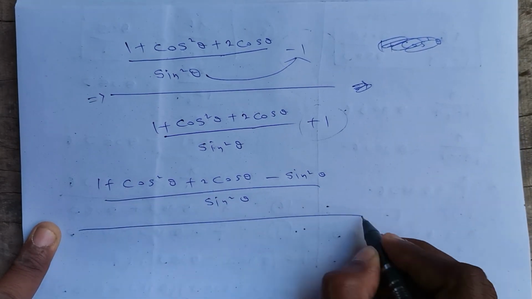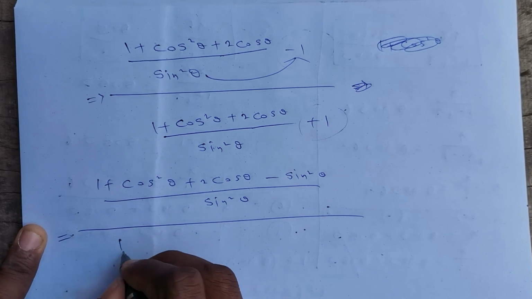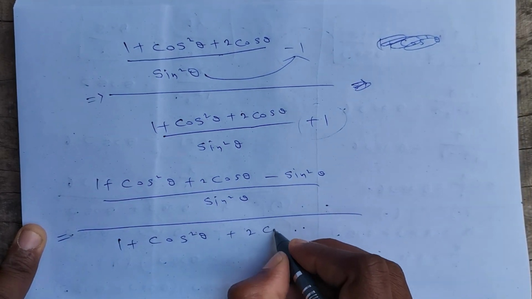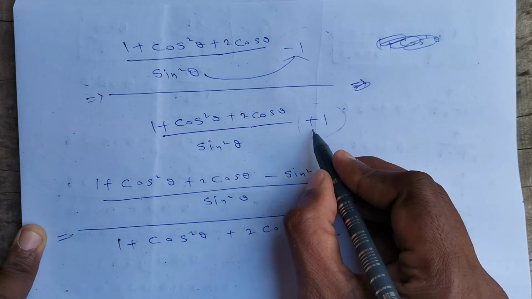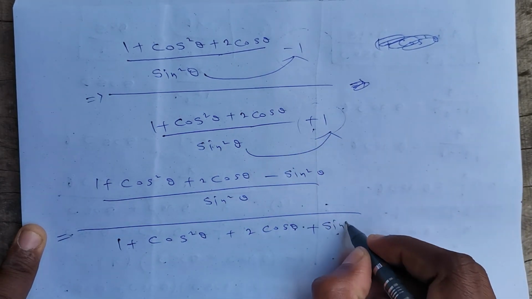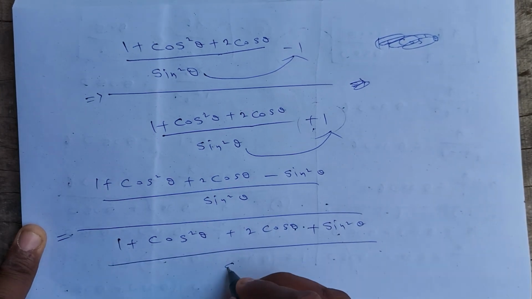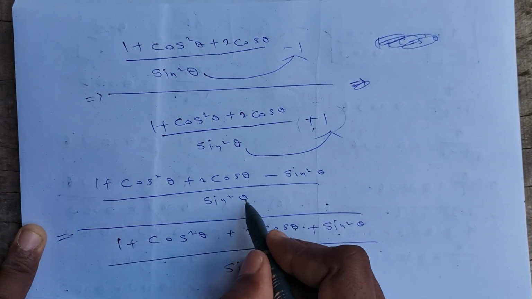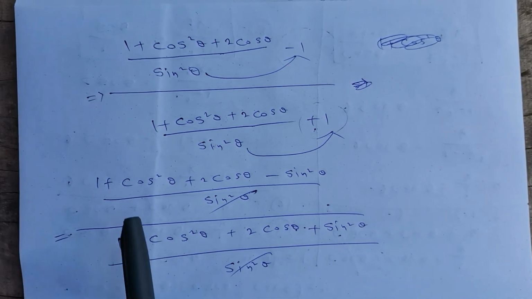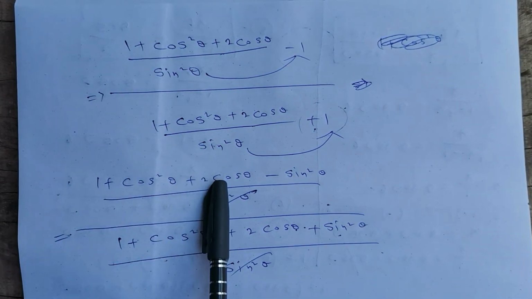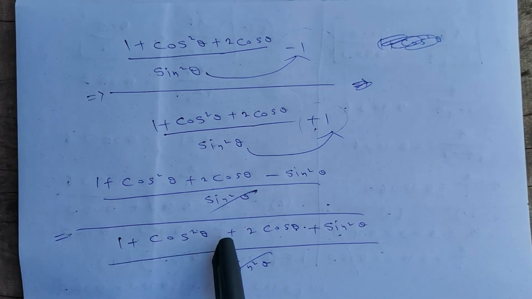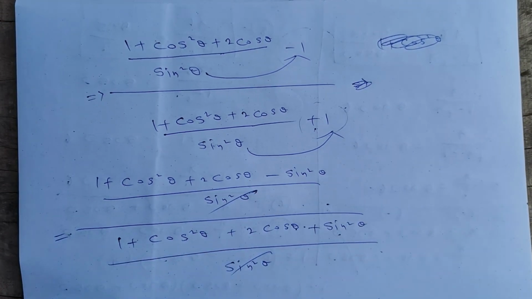Again, whole divided by 1 plus cos square theta plus 2 cos theta plus sin square theta into 1 by sin square theta, whole divided by sin square theta. Here the sin square theta terms both get cancelled. So we remain with 1 plus cos square theta plus 2 cos theta minus sin square theta divided by 1 plus cos square theta plus 2 cos theta plus sin square theta.